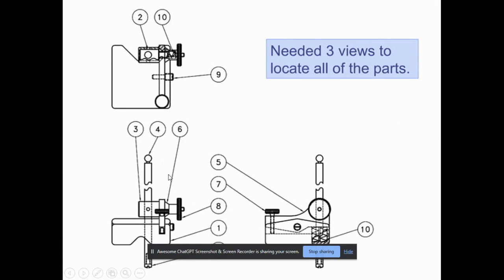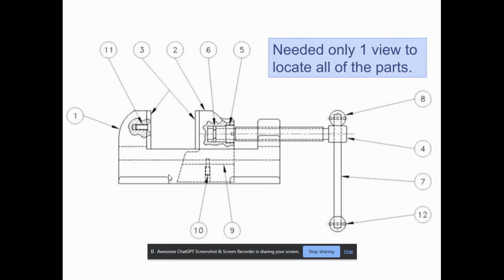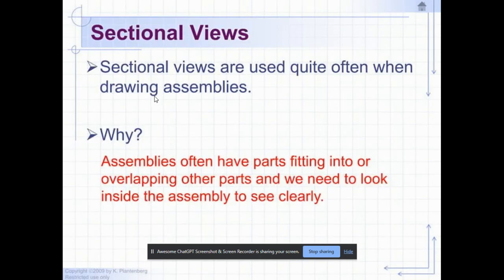So you need to reorient your drawing in such a way that other parts which are difficult to locate in a single view can be captured. Let's look at this particular drawing where all the parts are in a single view. There was no need for a front view or a side view here because all the parts that we need for this drawing can be identified in a single view. So that's the difference.